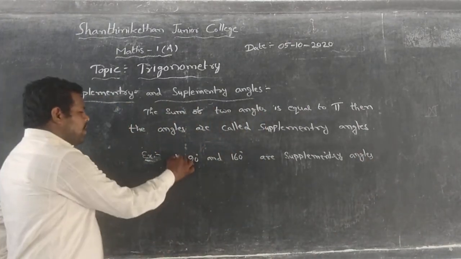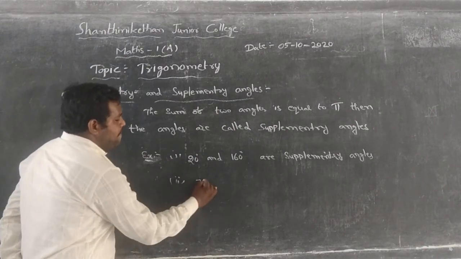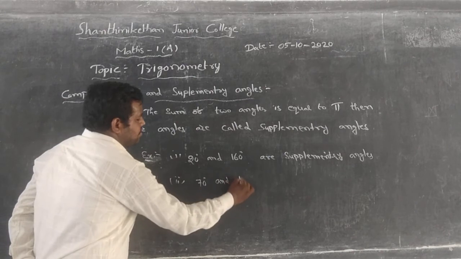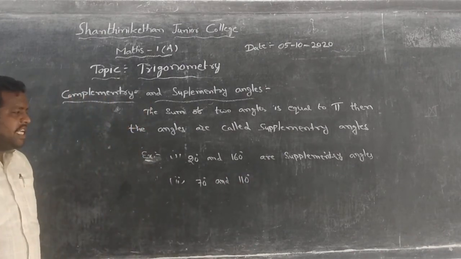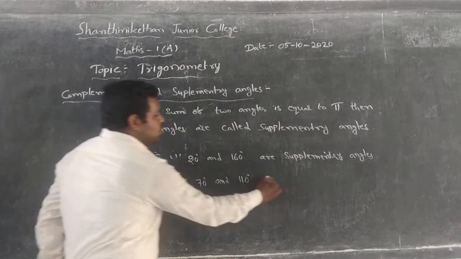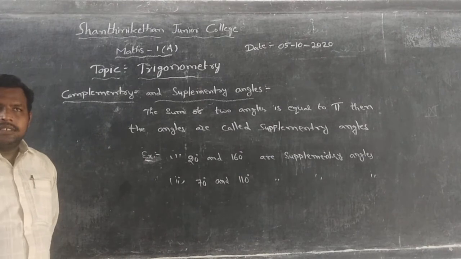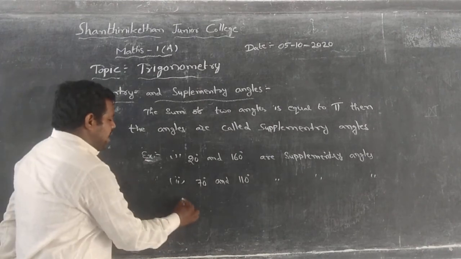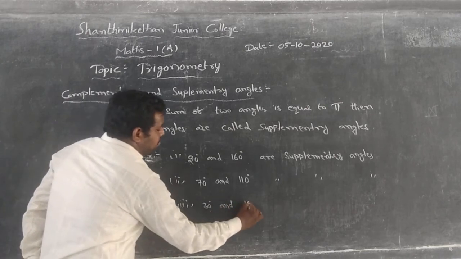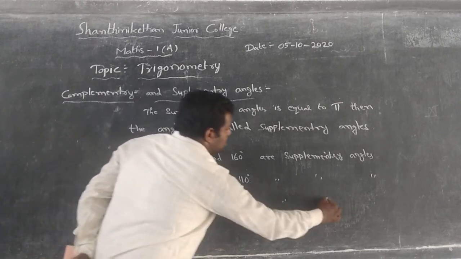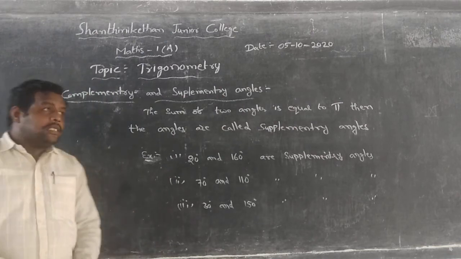Another example is 70 and 110 degrees. These two angles are also called supplementary angles. Another example is 30 and 150. These two angles are also called supplementary angles. We can take some more examples.